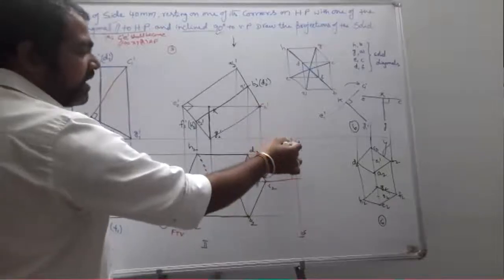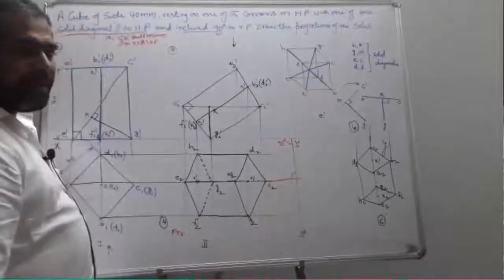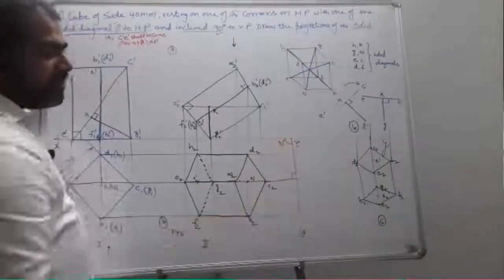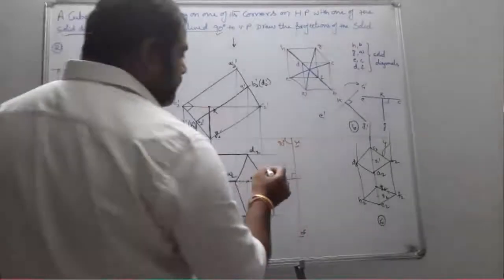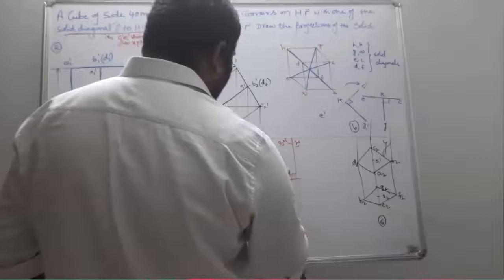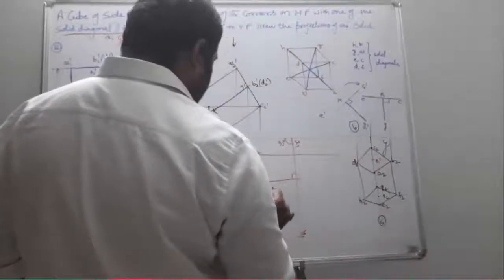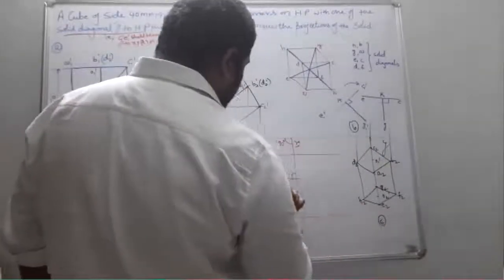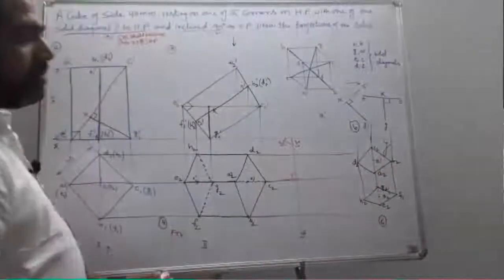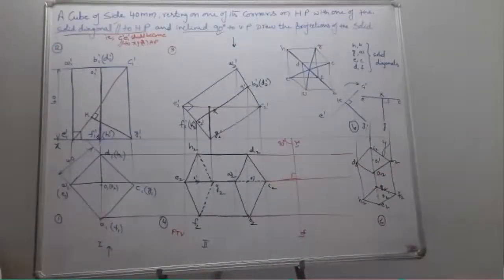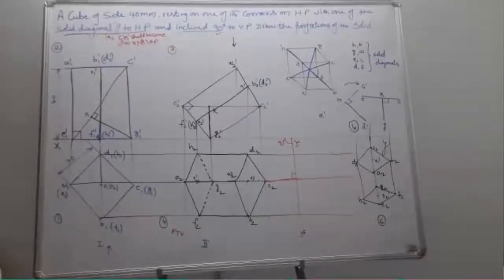Why? Because the inclination is 90. I just draw the 90 degrees line. This becomes your new reference line x1, y1. Now I just draw the perpendicular projectors from all the corners. Okay. I just arranged the fifth and sixth steps. All of you just see. Is it clear, students? Up to now, is it clear?